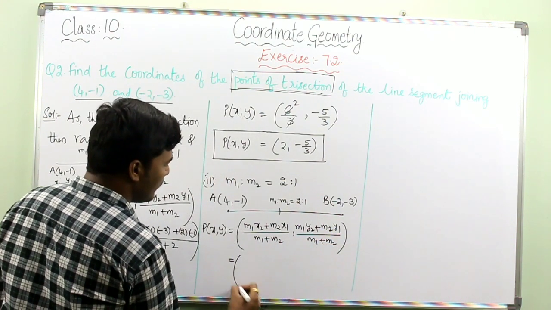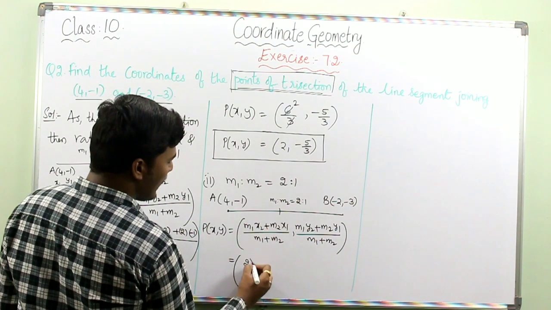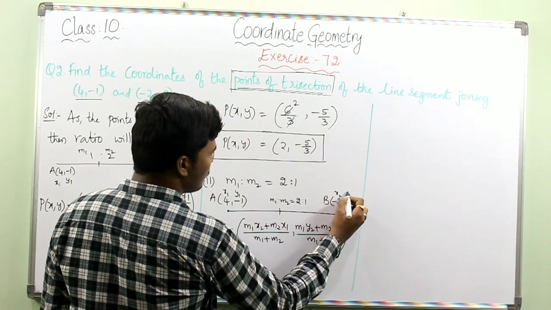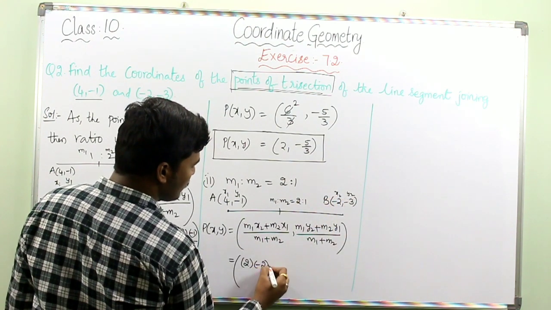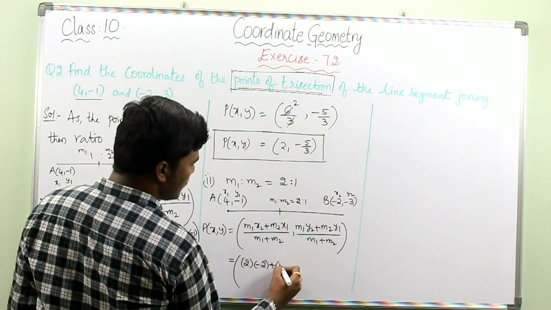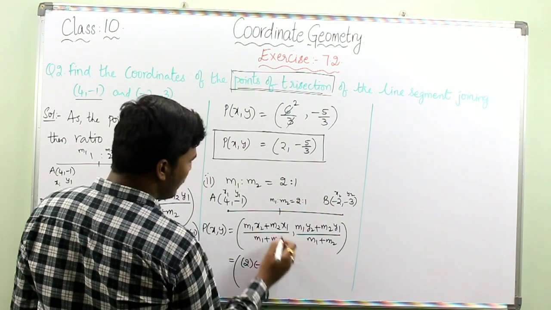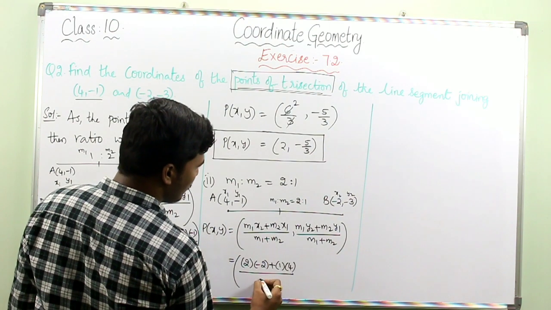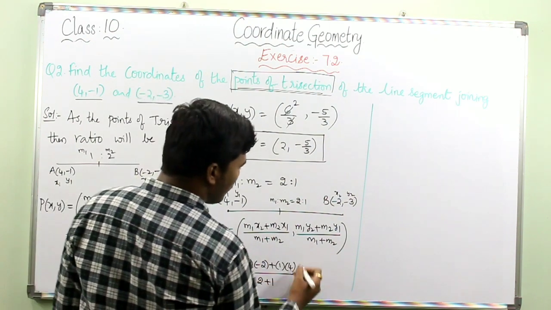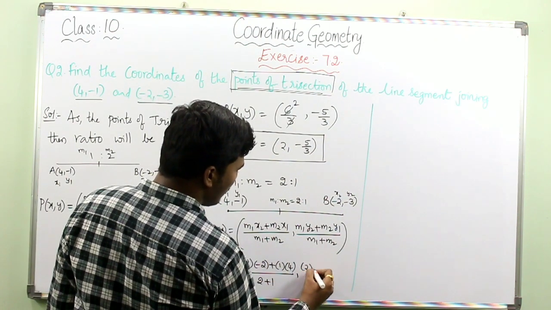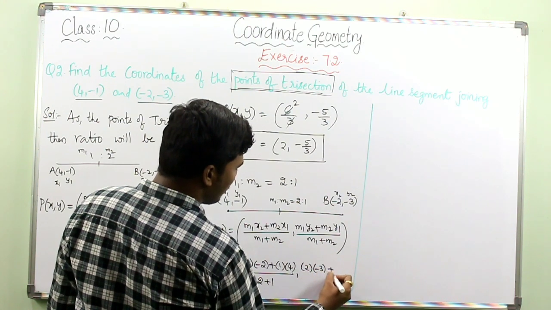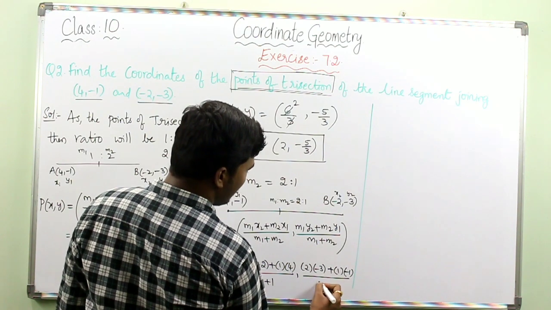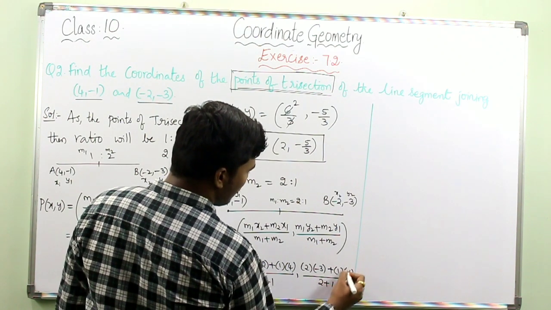Okay, so here m1 is nothing but 2 and x2 is nothing but x1 y1 x2 y2. So minus 2 plus m2 is nothing but 1 and x1 is nothing but 4 by m1 plus m2 is 2 plus 1 comma m1 is 2 and y2 is minus 3 plus m2 is 1 and y1 is minus 1 by m1 plus m2, that is 2 plus 1.